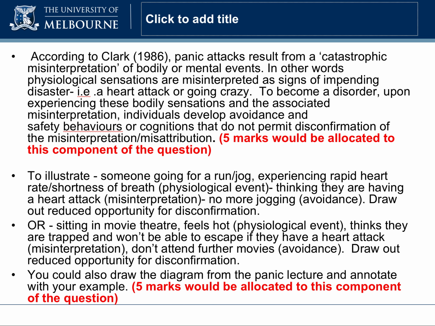So if you had a racing pulse, for example, that would be interpreted as meaning there's an impending heart attack, or that one might be going crazy, for want of a better term.